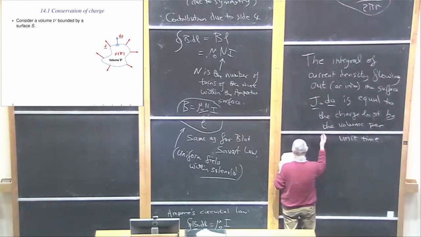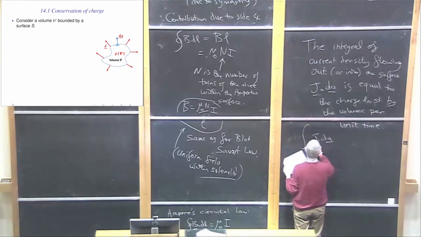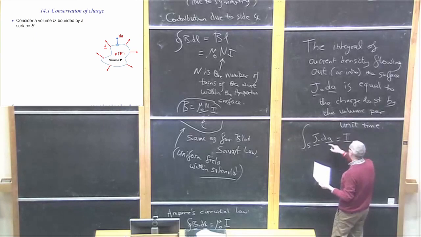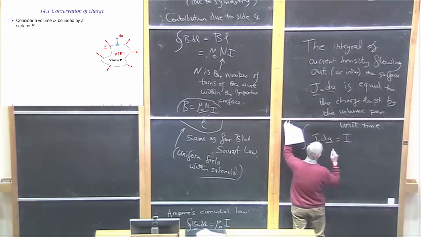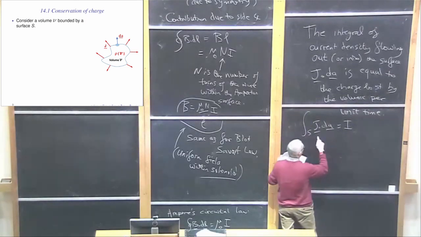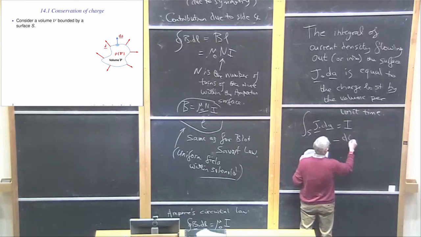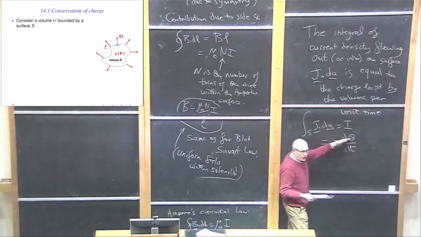So the integral of J dot dA, which is the current, is equal to minus dq by dt. You're losing the charge from the volume.